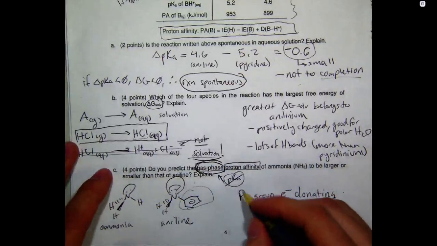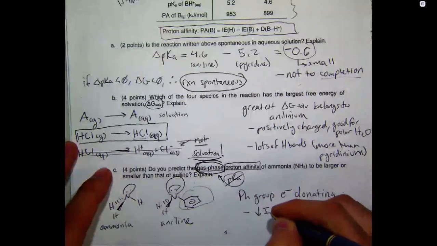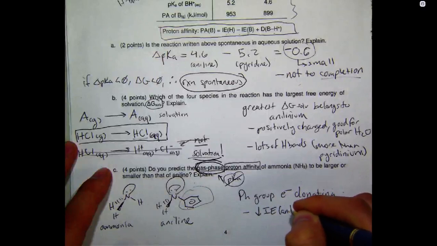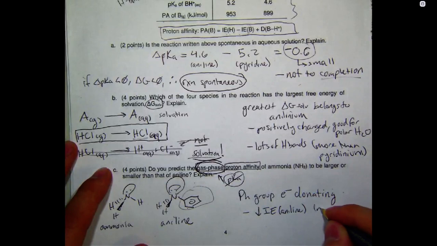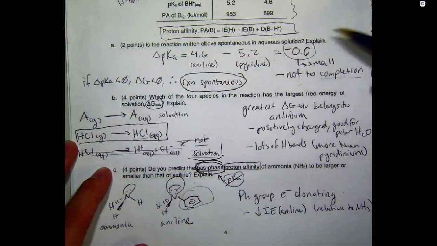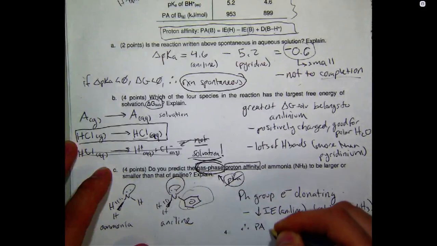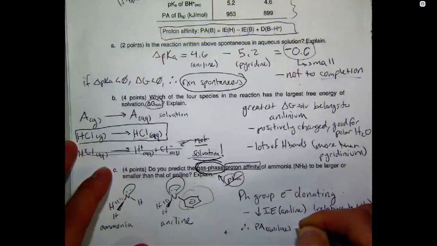So because the phenyl group is electron donating, the ionization energy for aniline goes down relative to ammonia. And then, again, take a look up here at the equation. If ionization energy goes down, therefore proton affinity for aniline goes up relative to ammonia.